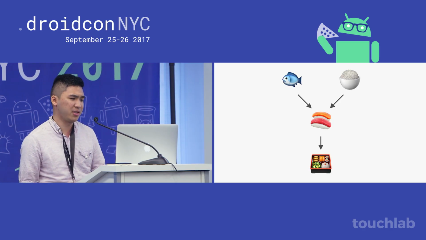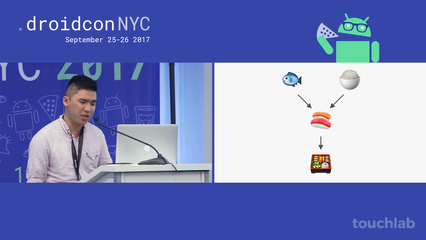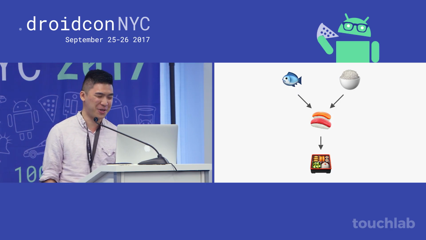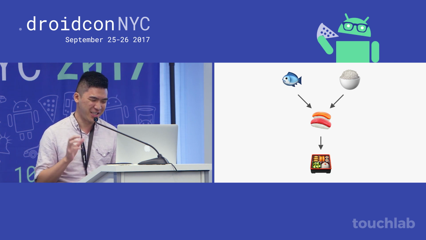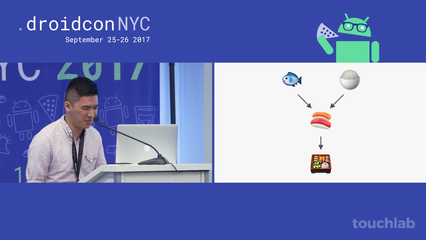So let's say you're trying to make sushi, and you're trying to put it into a bento box. I don't know if any of you know what a bento box is, but it's basically a bunch of foods put together in a box, like a lunch box, and they sell it in Japan.